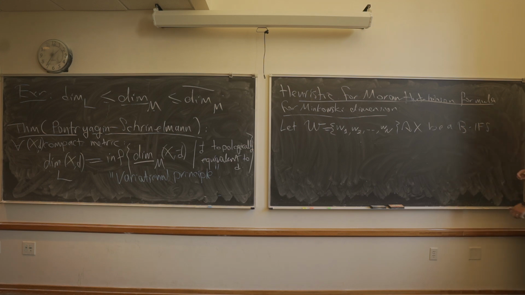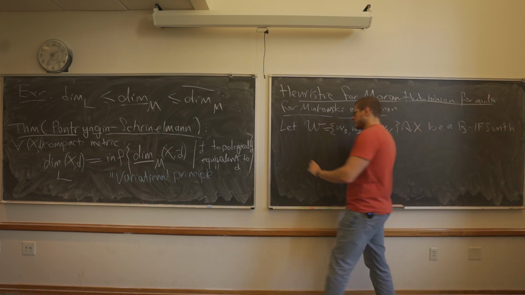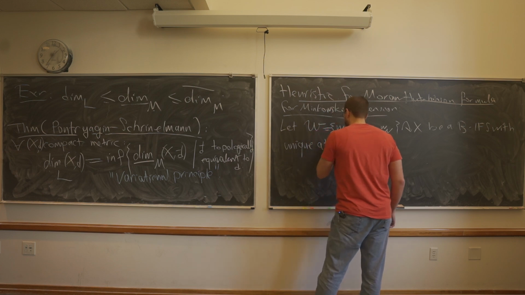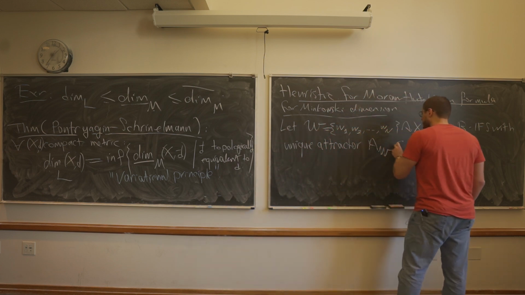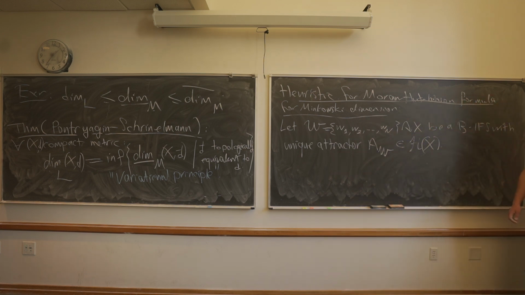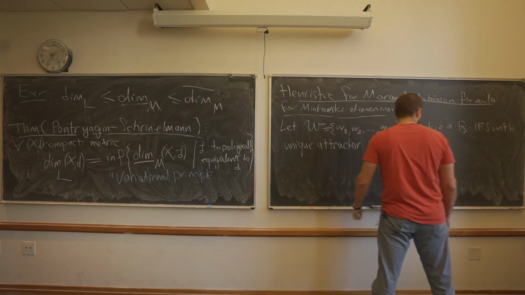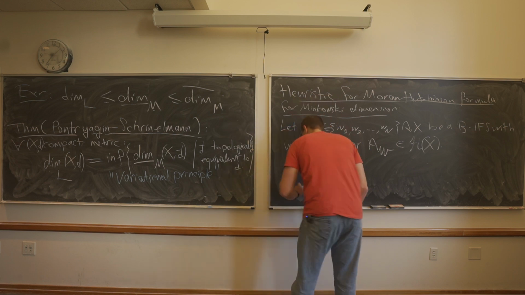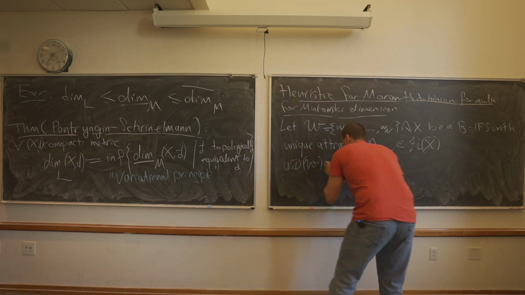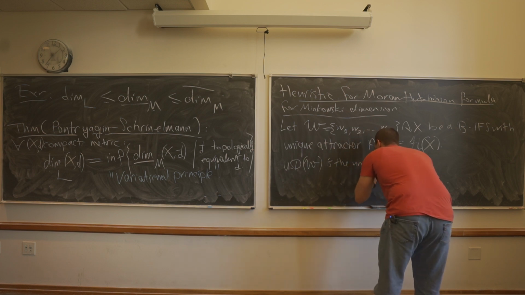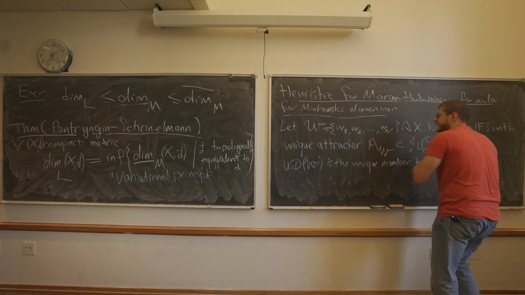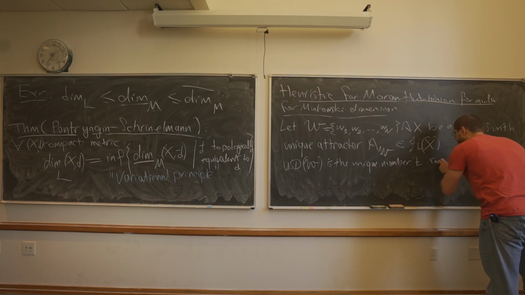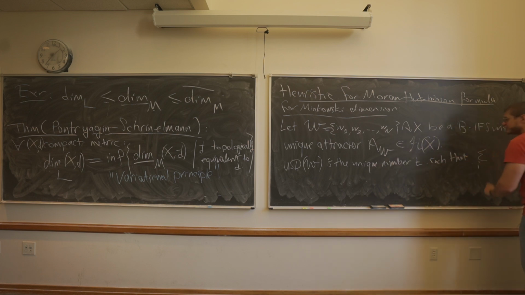B-IFS with unique attractor A sub W. And so the upper similarity dimension of W was the unique number T that solves the following equation: if I take the sum of all the Lipschitz constants to the power T, I want that to equal 1. The sum from i equals 1 to n of Lip of W_i to the T equals 1.